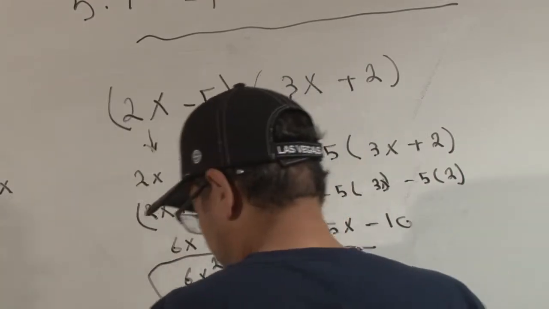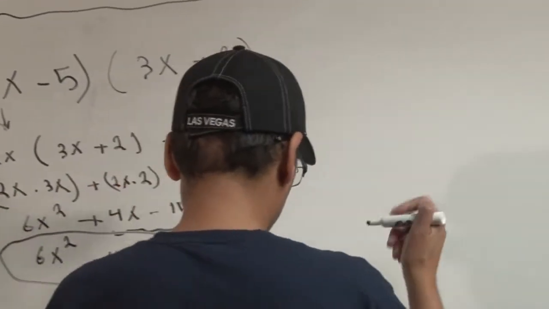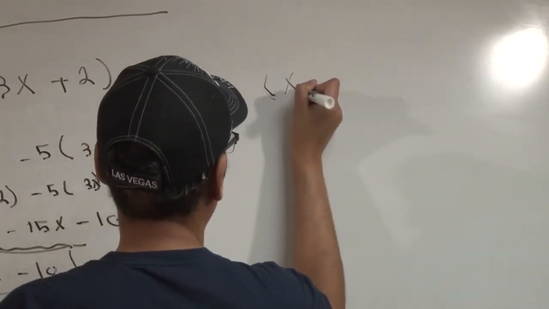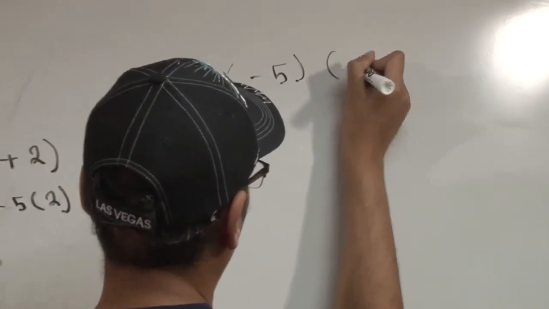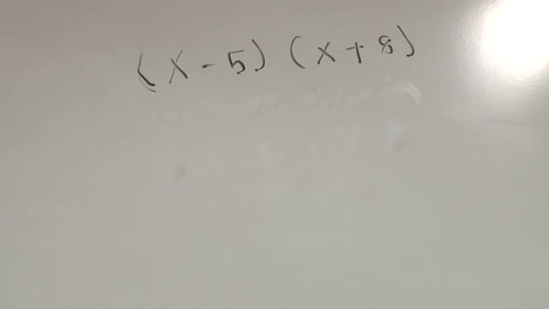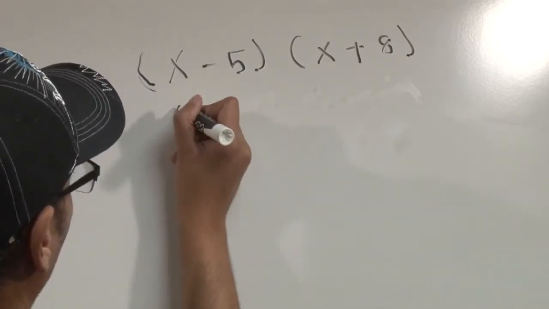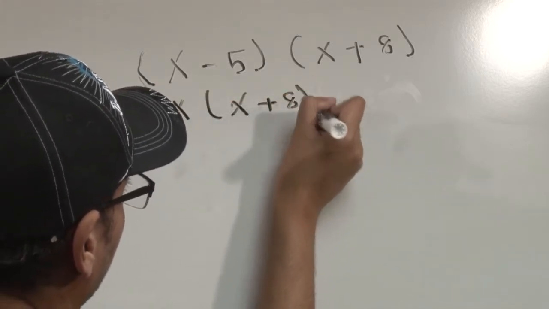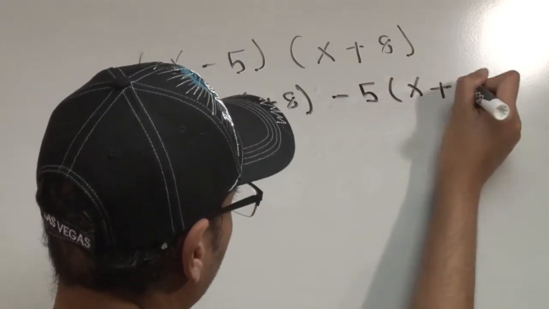Let's try to take another example. x minus 5 times x plus 8. Same thing here. x times x plus 8, minus 5 times x plus 8.